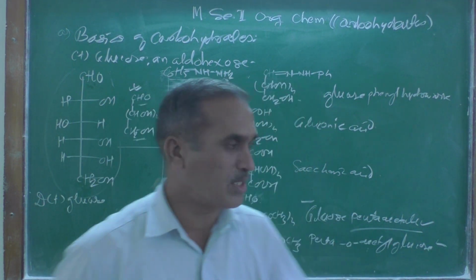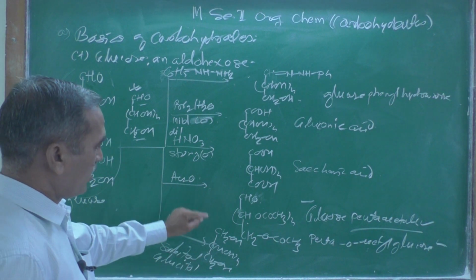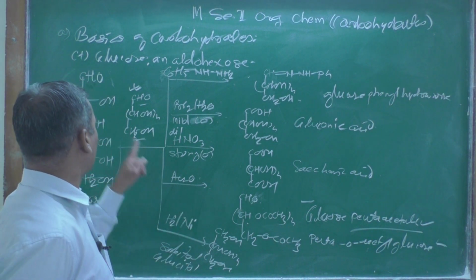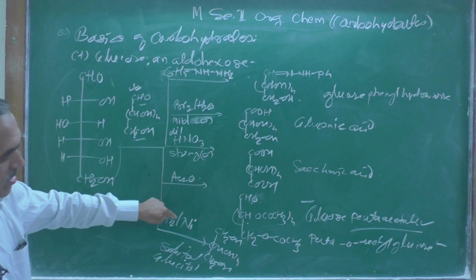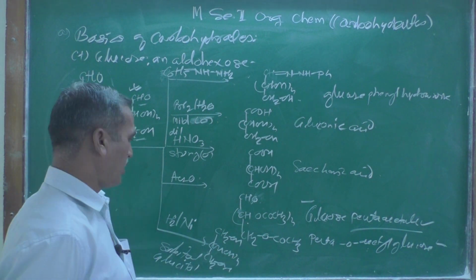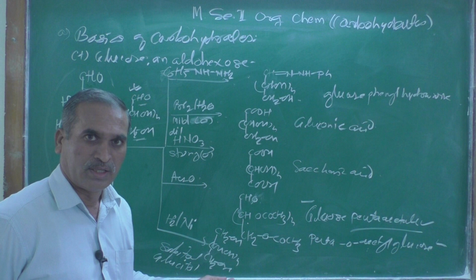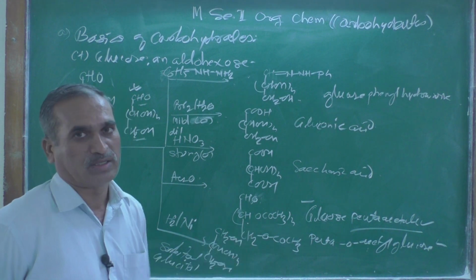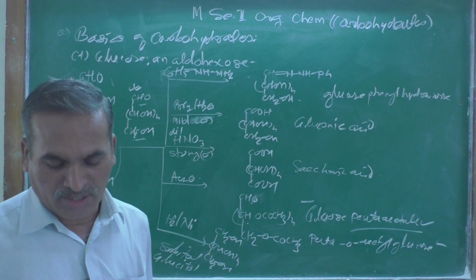If you observe this derivative after the reduction, the glucose has one aldehyde group, and that is converted into a primary alcohol. There are two primary alcohol groups present, and 4 are secondary alcohols. These are some of the reactions.